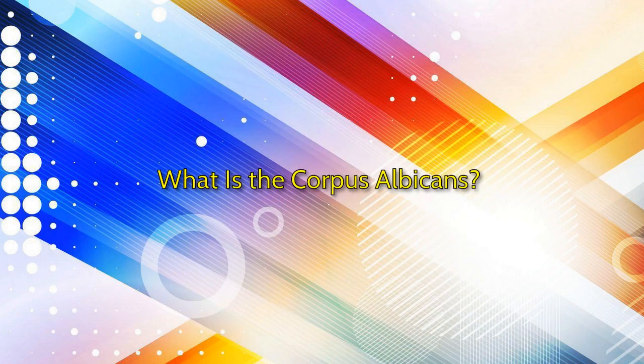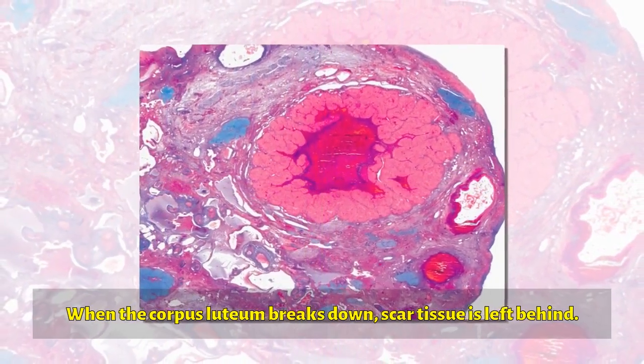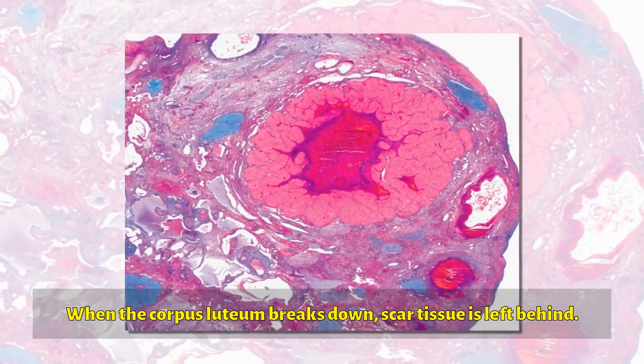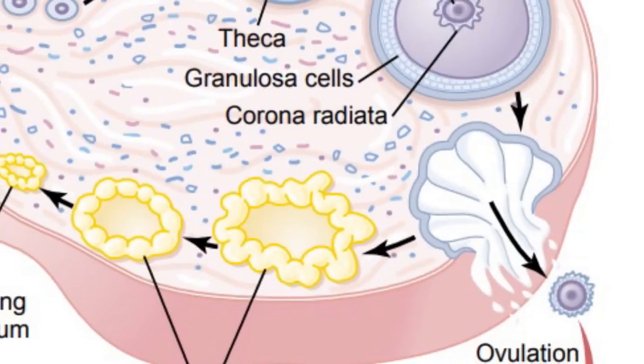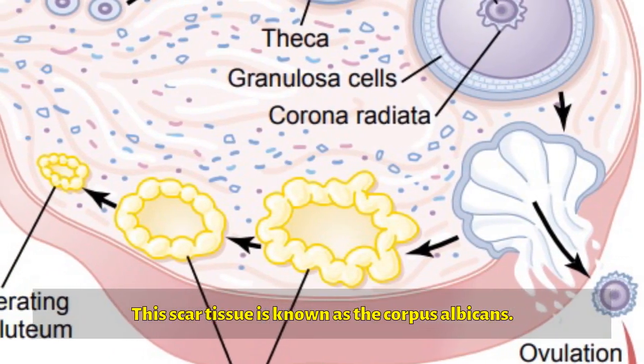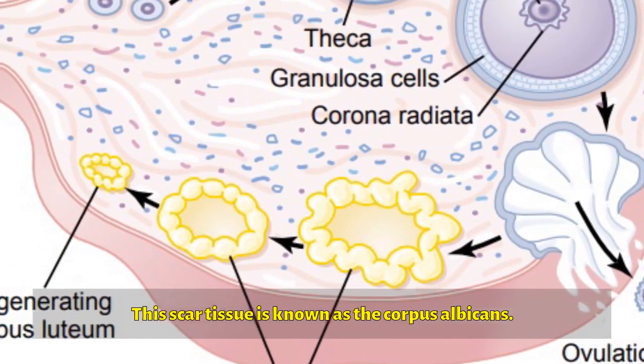What is the corpus albicans? When the corpus luteum breaks down, scar tissue is left behind. This scar tissue is known as the corpus albicans.